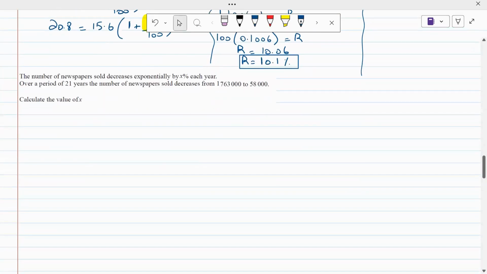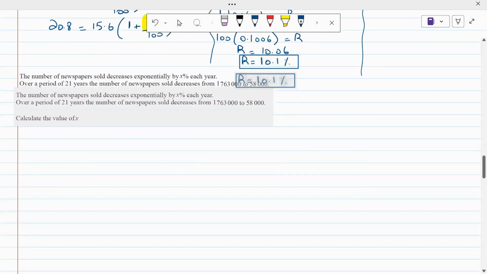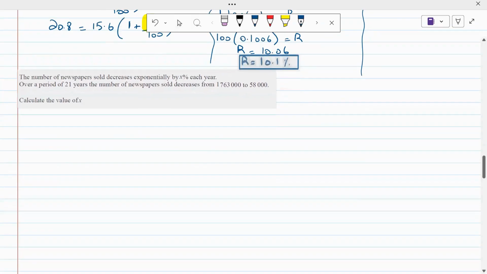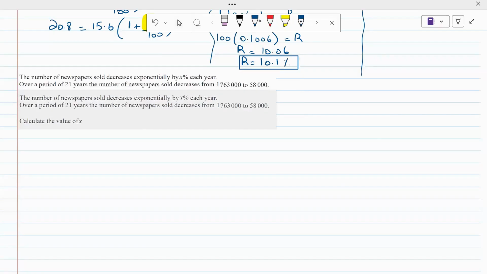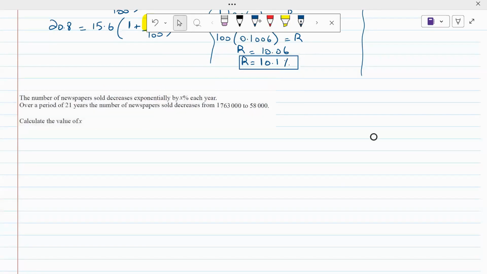Now in this example, it's again R to be found, but this time this is a case of exponential decrement. Example.